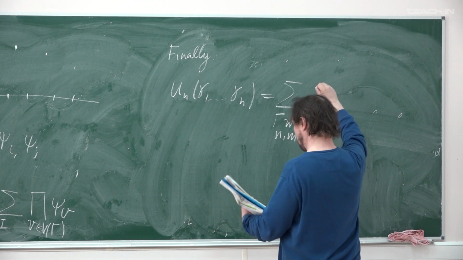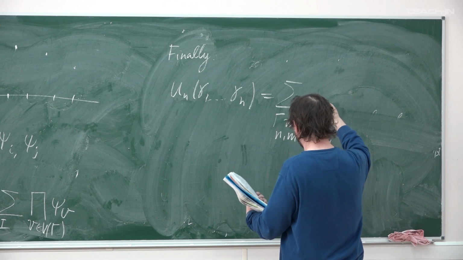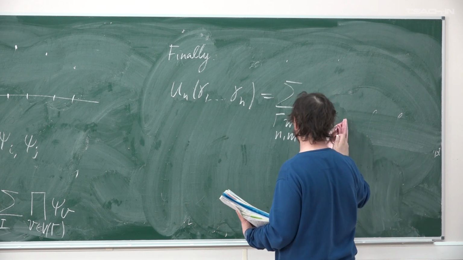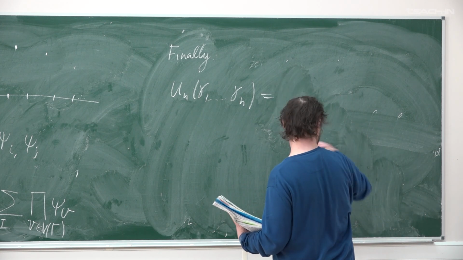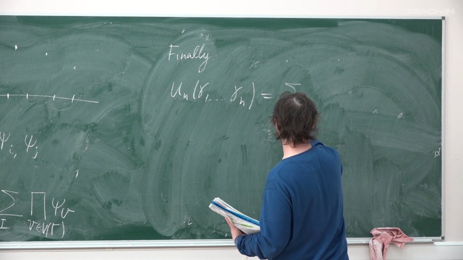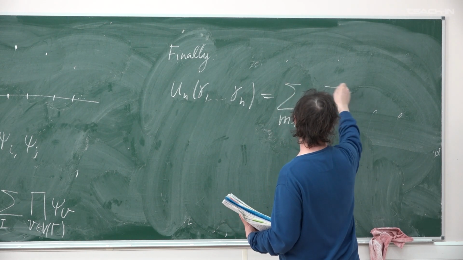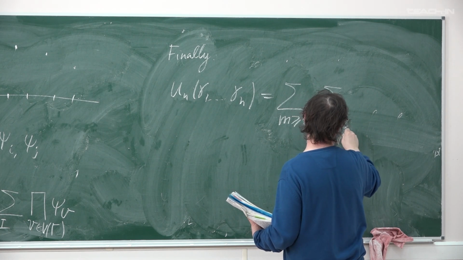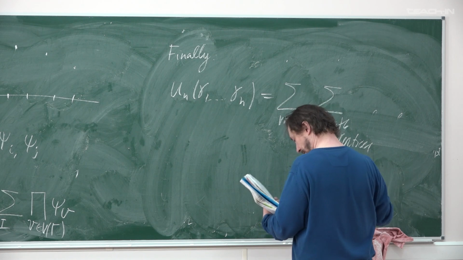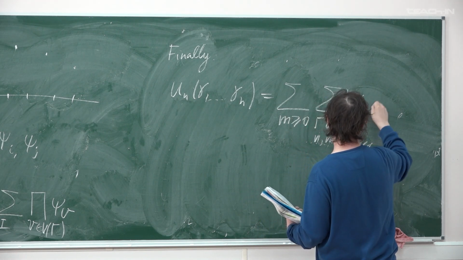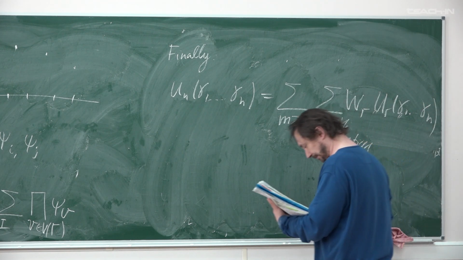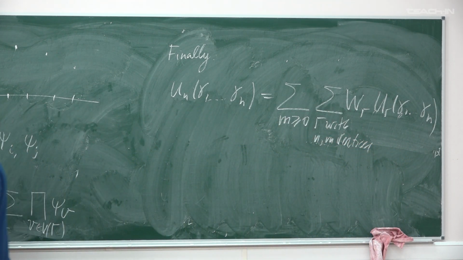Okay, I think probably better to put m as a separate summation. So the sum over all m greater or equal to 0, sum over all gammas with n, m vertices, W gamma times U gamma of gamma 1, ..., gamma n. So that's probably the most ingenious formula I've ever seen.